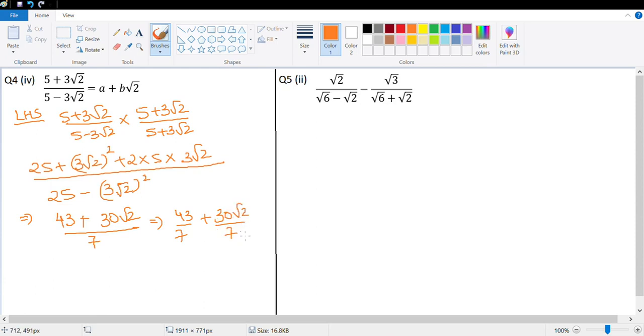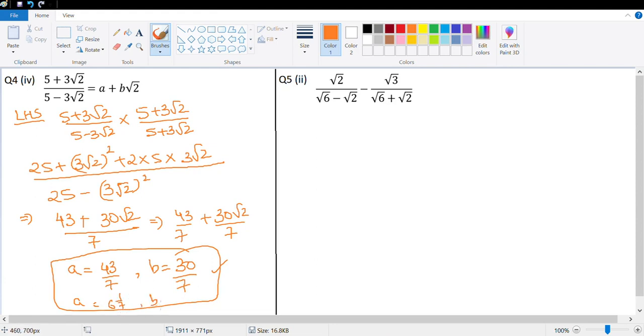When I compare this with the right hand side, I get a is equal to 43 upon 7 and b is equal to 30 upon 7. So that's the value of a and b. You can also write this in the simplified form or in the mixed fraction form. That's 6 1 upon 7 and b is equal to 4 2 upon 7.